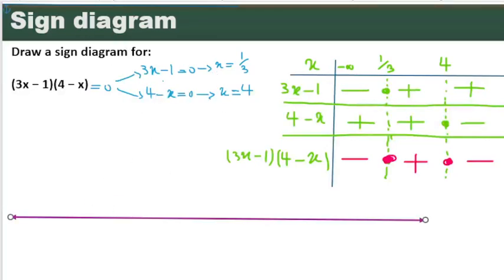It's better. Okay, I put my points. First of all, 0, which is here, and then 1/3. And then 1, 2, 3, and 4.